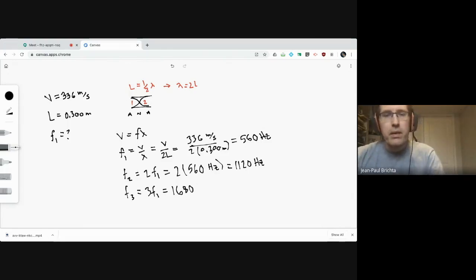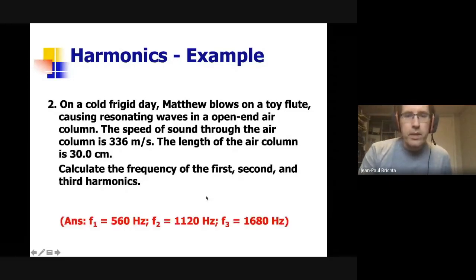Did that in my head. There we go. And so that's it. Most of the work is done just getting the first frequency, the first harmonic, and then from there you can just multiply by the appropriate integer to get the second and third harmonic. Okay, so just check our answers, and yes, they are correct. Good.